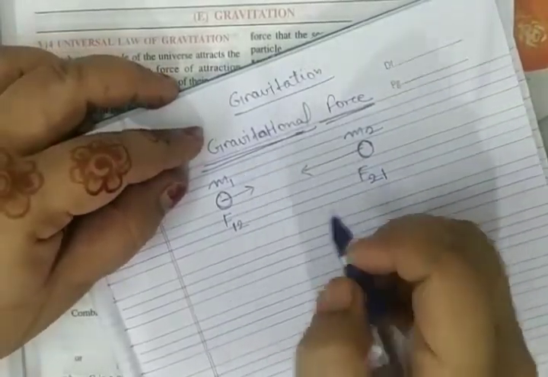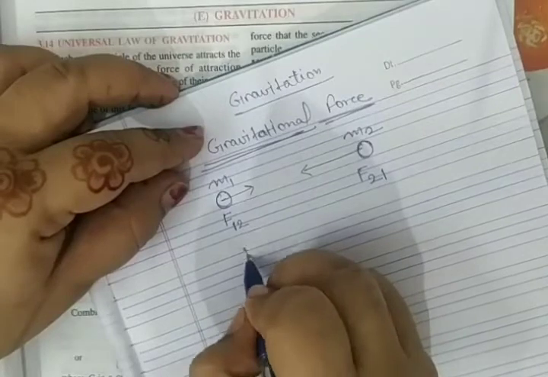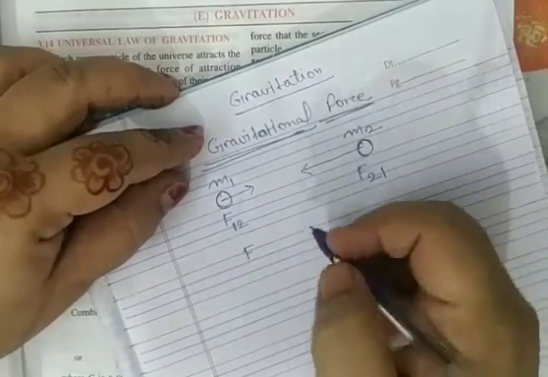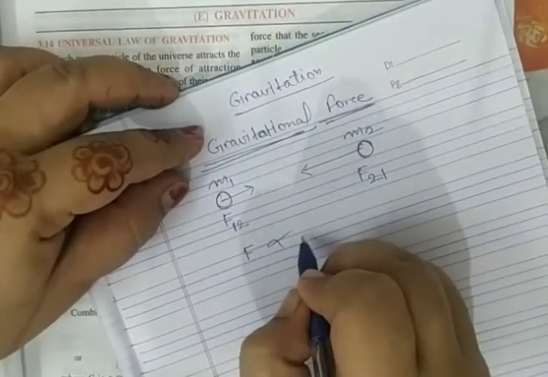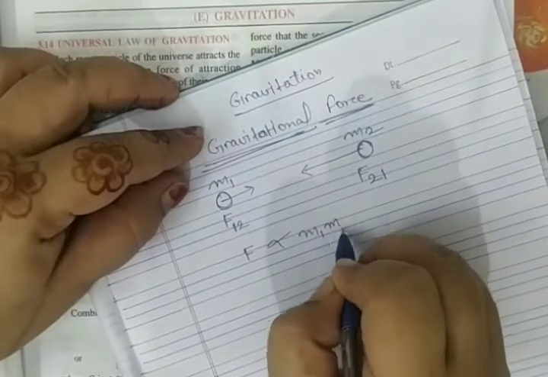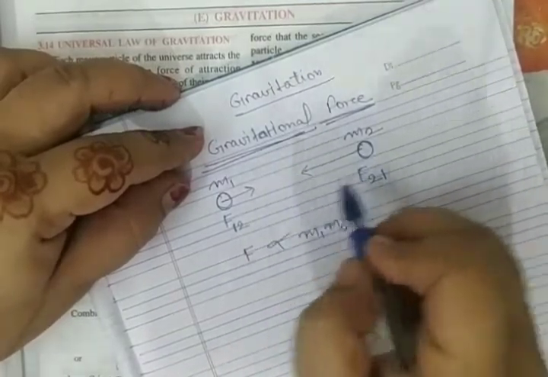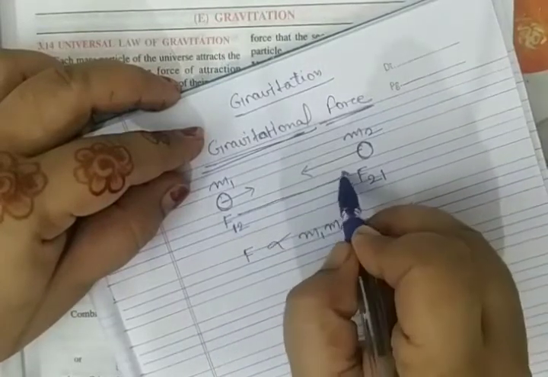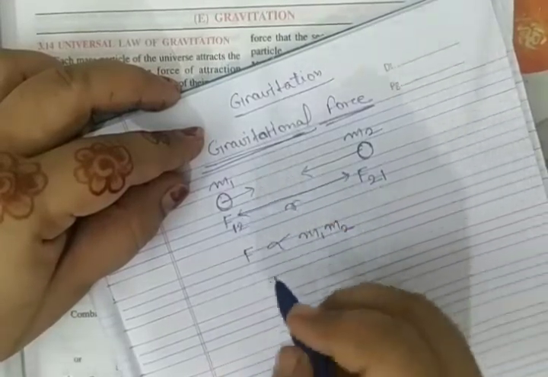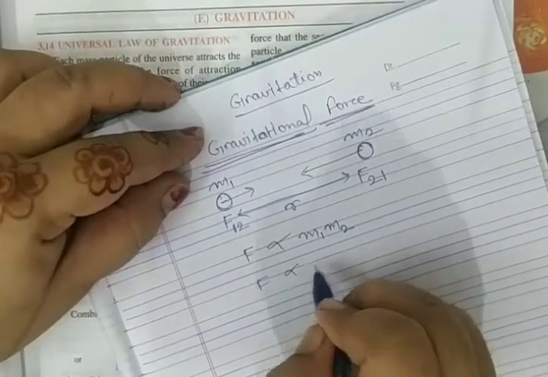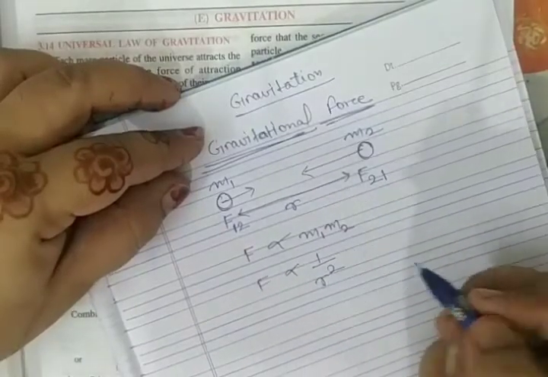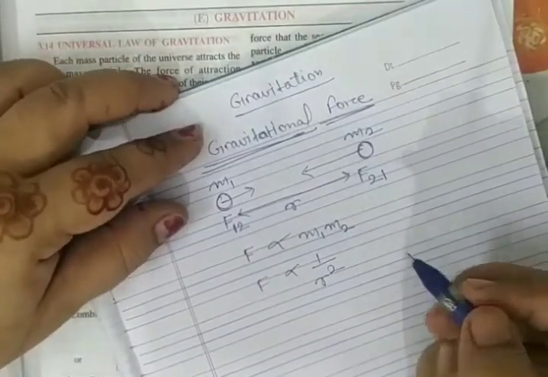Then this force F is proportional to the product of the two masses. And suppose the distance between both of these masses is r, then this force is inversely proportional to the square of the distance between them.